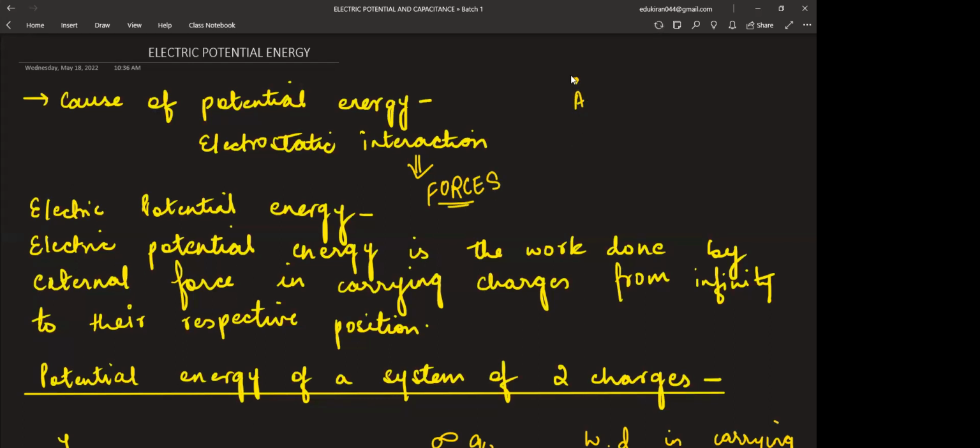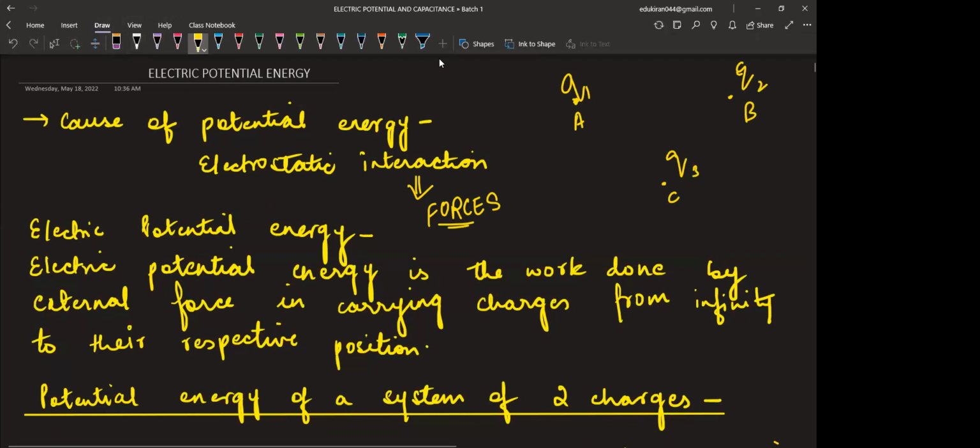So this is a body A. It has a charge, let's say Q1. And there is one more charge, Q2, at point B. And there is a third point C that has charge Q3. Now Q1 can interact with Q2 and Q1 can interact with Q3.